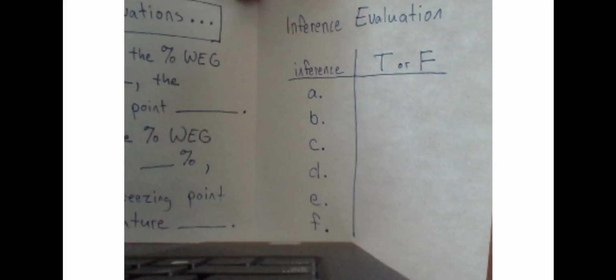So what I've done here on my paper, the same one that on one side I wrote my observations, on the other side here, I've created just a simple t-table that I can use to evaluate these inferences. So if you want to pause the video right now and set up your t-table before we move forward, that'd be very helpful for you to evaluate each of these.